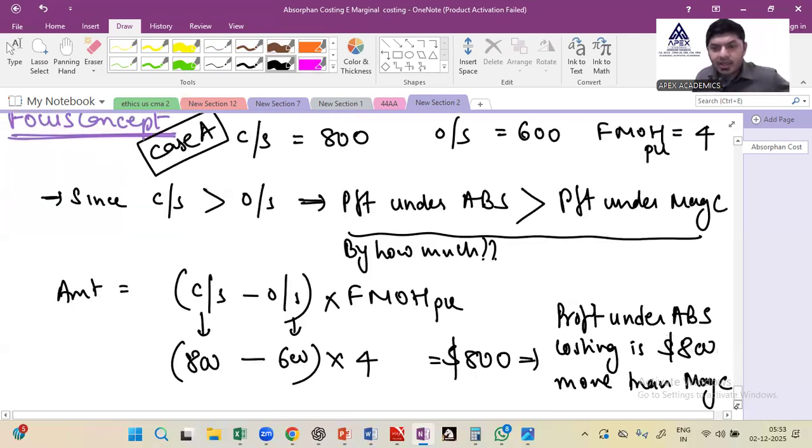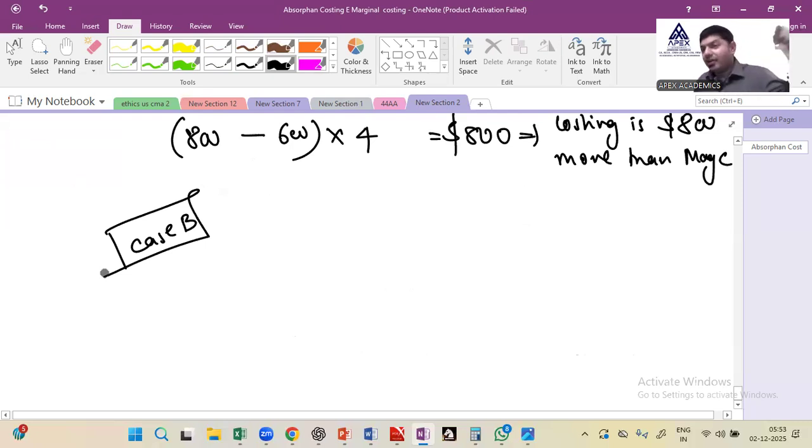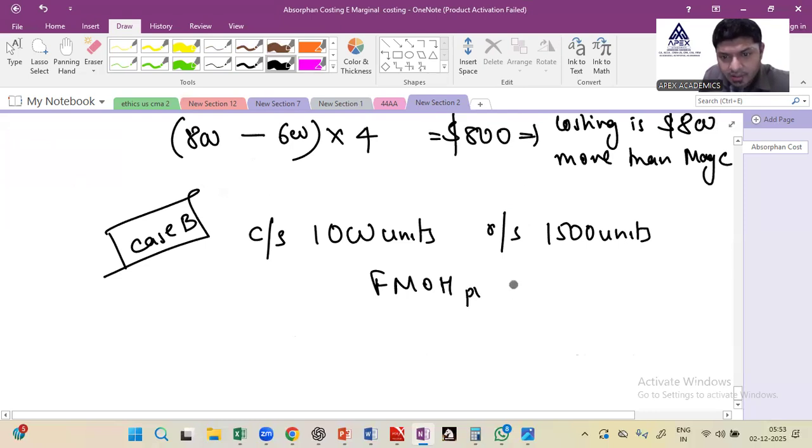Now guys, let us look at case B. My dear students, if I am in your place, I will pause the video, rewind it and copy down everything. Now I am saying that my closing stock is 1000 units, and my opening stock now is 1500 units, and my fixed manufacturing overheads per unit I'll continue to take as 4.